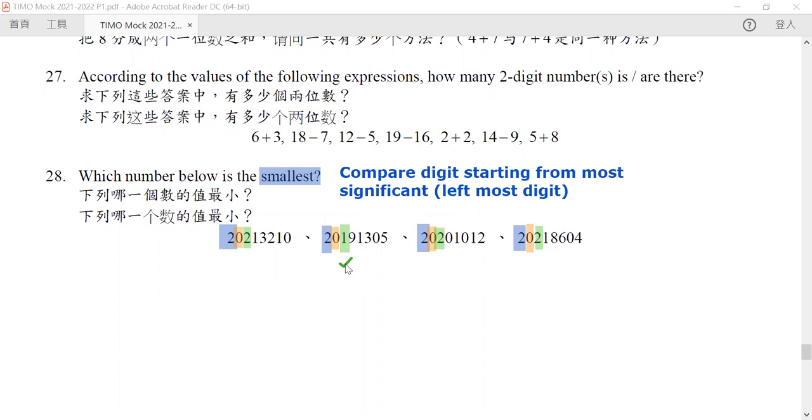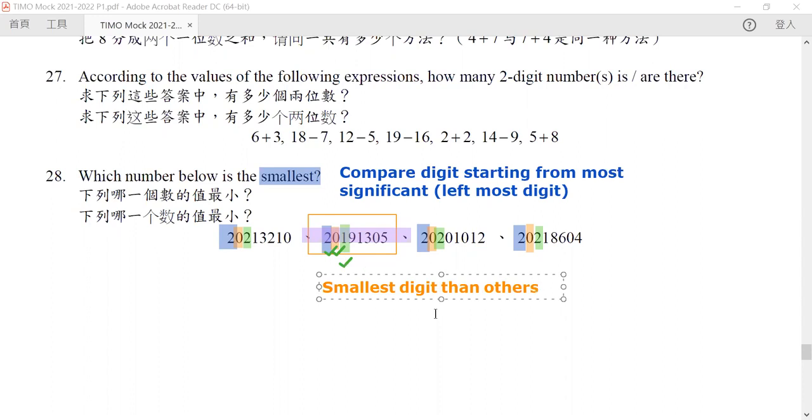So it has the smallest most significant digit, the smallest digit, and then the others. Okay, so 2101911315 is the number which is smallest.